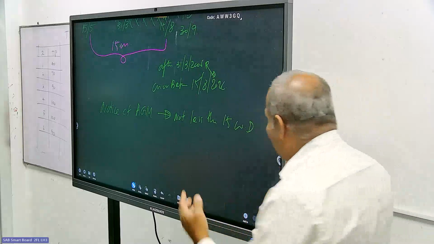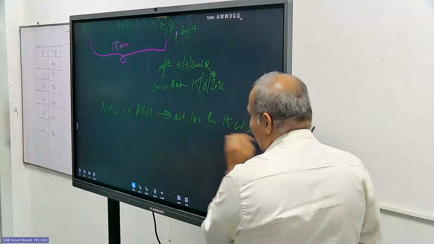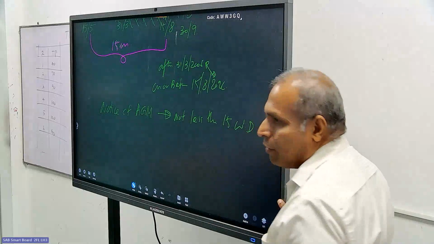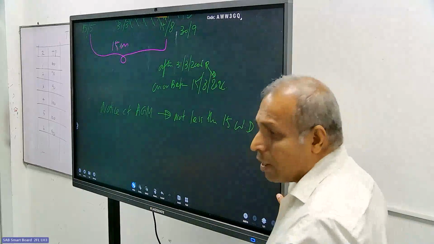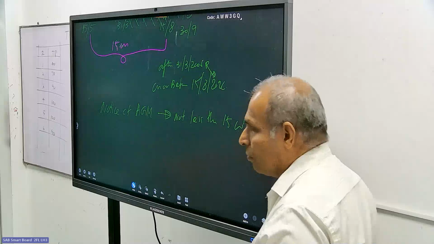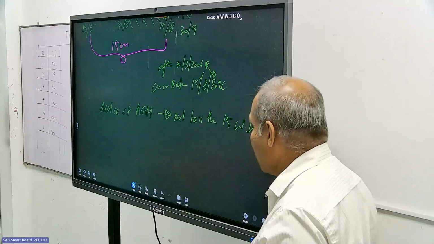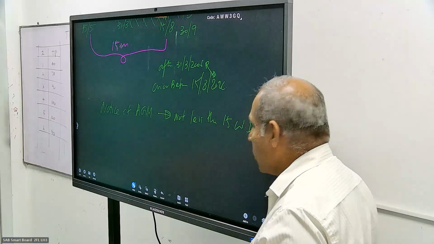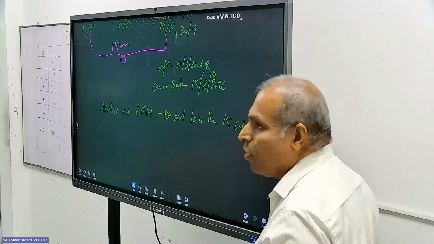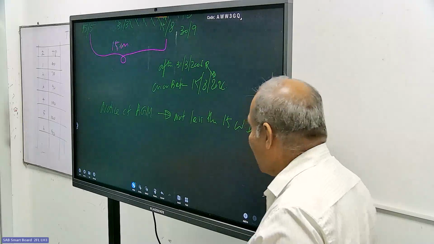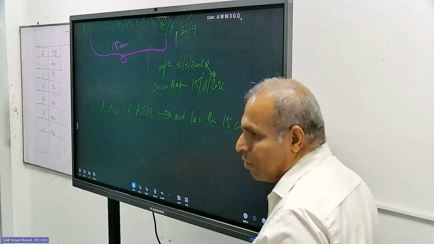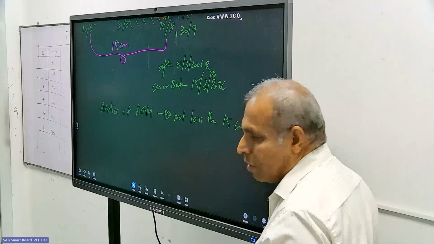Not less than 15 working days notice to be given. That is the requirement with regard to the notice of the AGM.